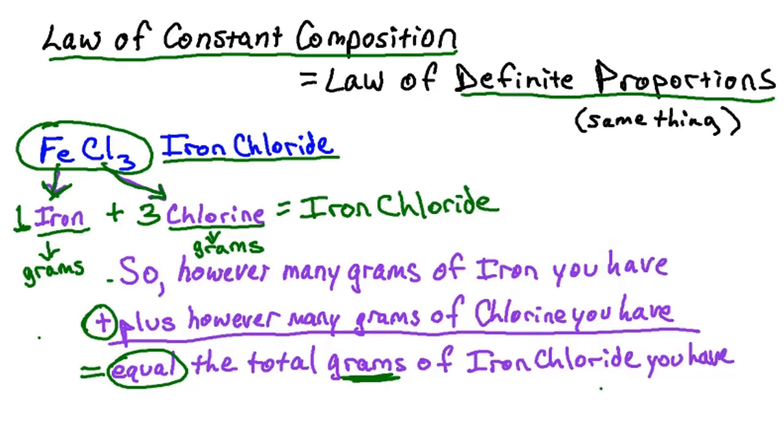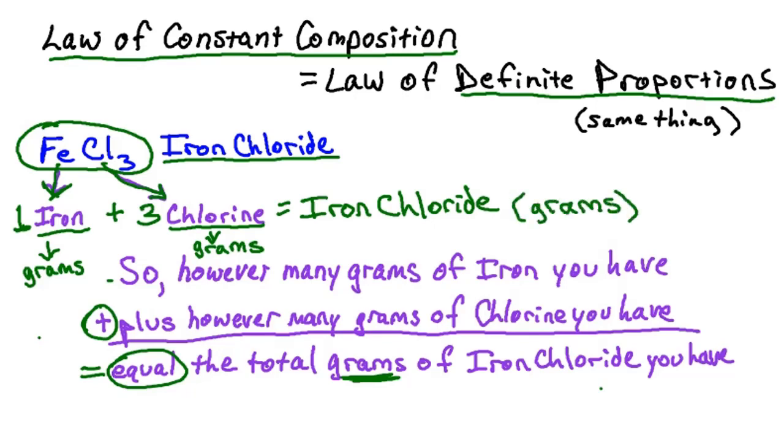That might seem really obvious. If you have iron chloride, which is iron and chlorine, then of course however many grams of iron plus however many grams of chlorine you have is going to be the total number of grams of iron chloride.